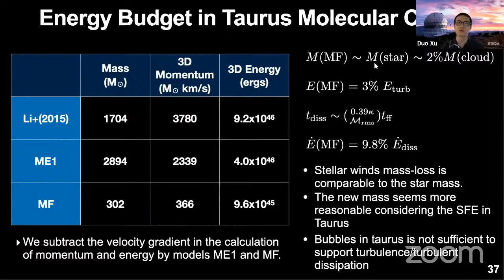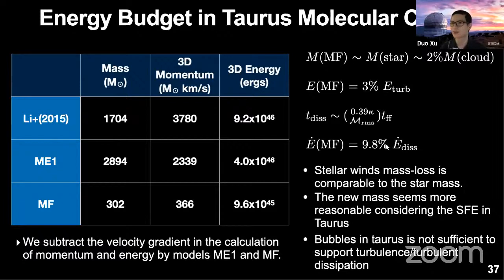If we assume our new estimation is correct, we see the energy will decrease by a factor of 10. Then, if we compare the dissipation rate and the energy injection rate from our model, the previous estimation was comparable, but now it's only 10%.